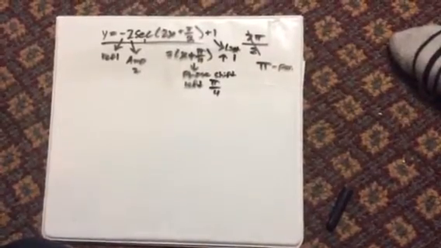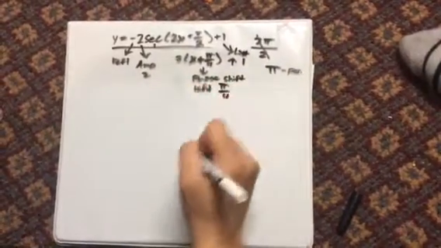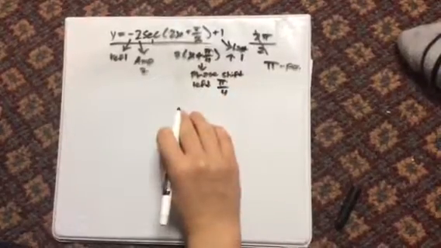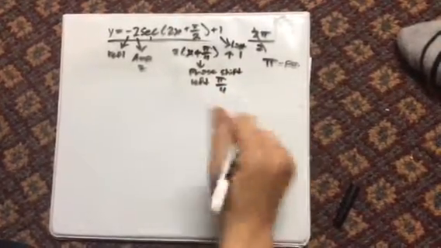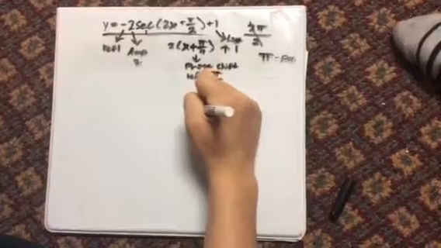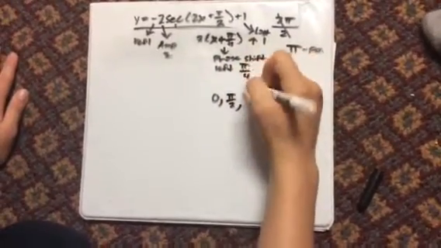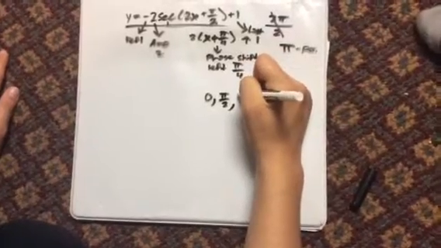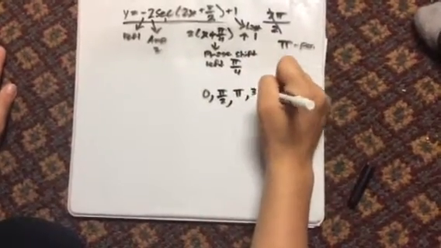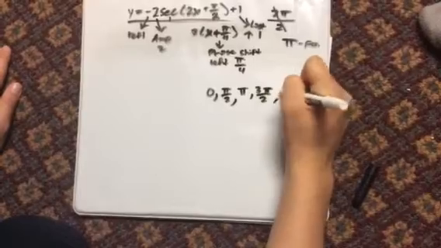Okay, so let's go ahead and take the original x coordinates of the cosine graph, which is 0, pi over 2, pi, 3 pi over 2, and 2 pi.